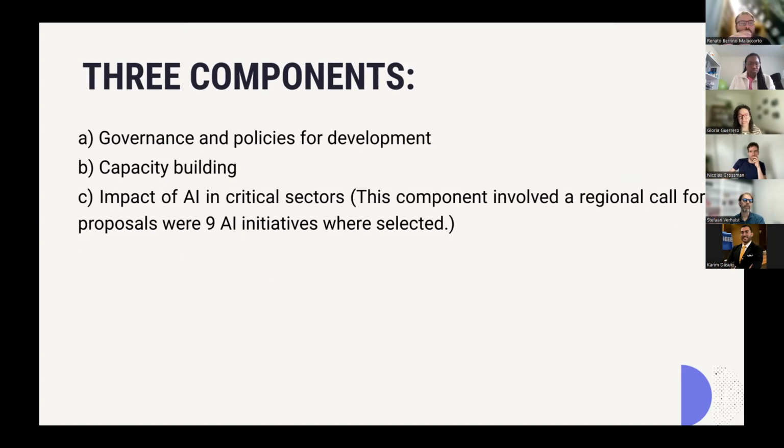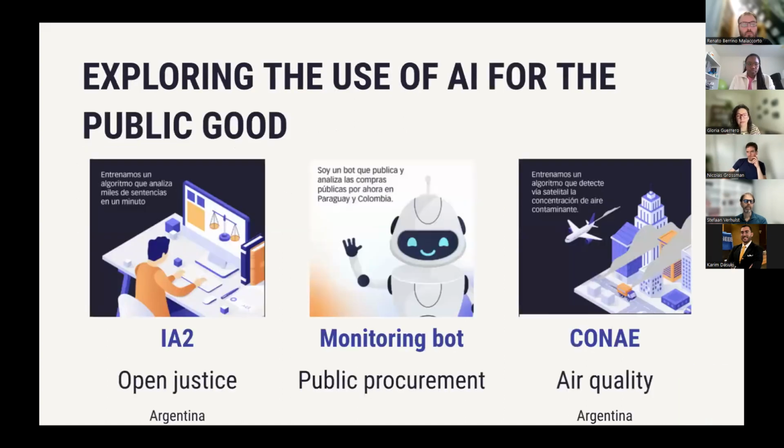Also capacity building, like training civil servants. We trained around 40 public servants in 15 countries in Latin America, and more than 1,000 in Uruguay specifically, with a specific training material that was online. And the other component was the impact of AI in critical sectors. For this component, we ran a regional open call, and we selected nine AI initiatives.